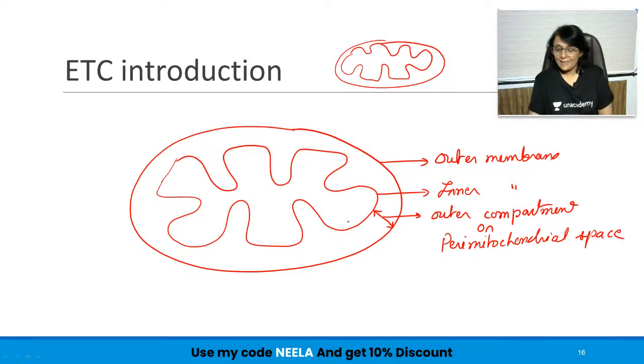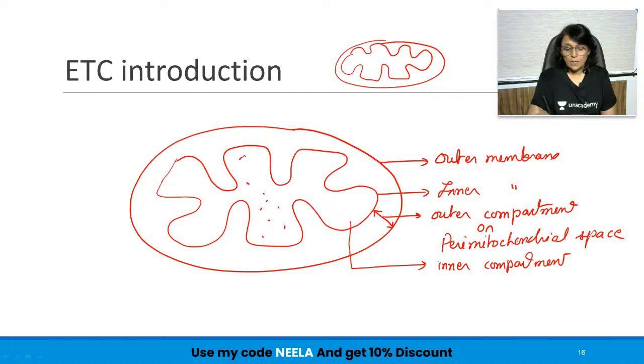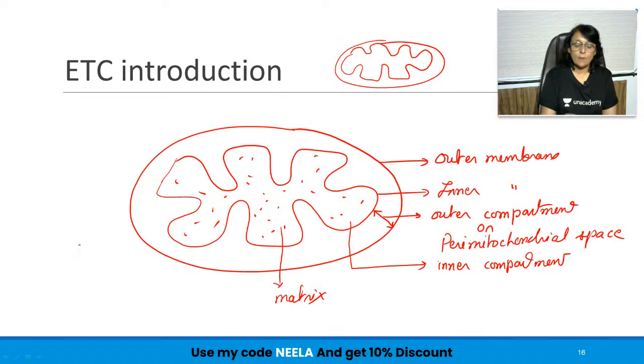And this inner space is the inner compartment, and it is filled with a jelly-like material which is called the matrix. So this substance which is here is matrix, and this is mitochondria.